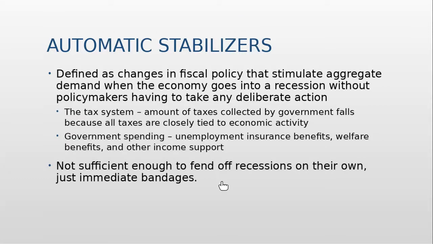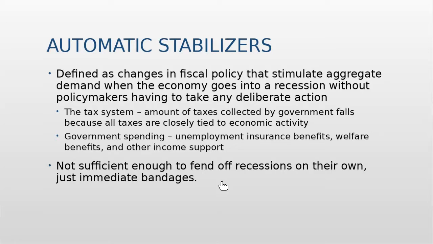Automatic stabilizers. There is a final aspect of fiscal policy, and that is these automatic stabilizers, which are fiscal policy changes designed into it that stimulate aggregate demand when the economy goes into recession without policymakers having to take any deliberate action. The tax system, for example, can adjust automatically to reduce the amount of taxes collected by the government because all taxes are closely tied to economic activity. But there's another aspect of this: government spending.